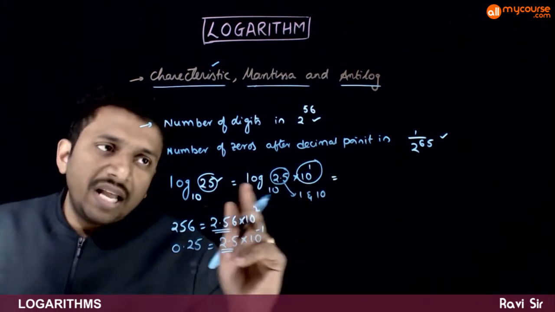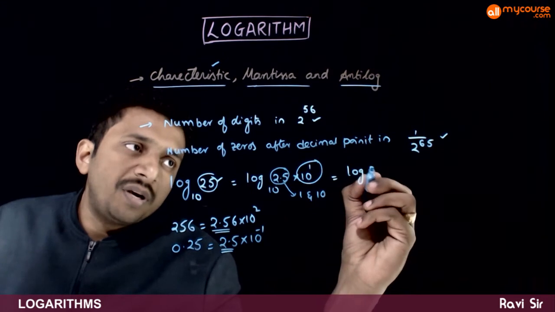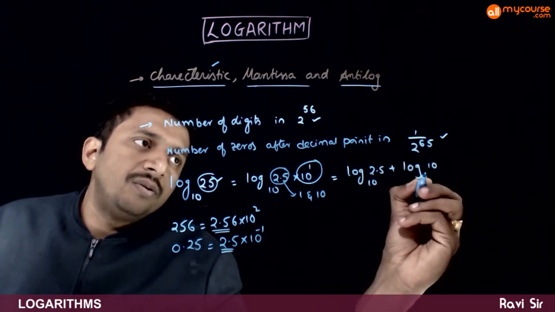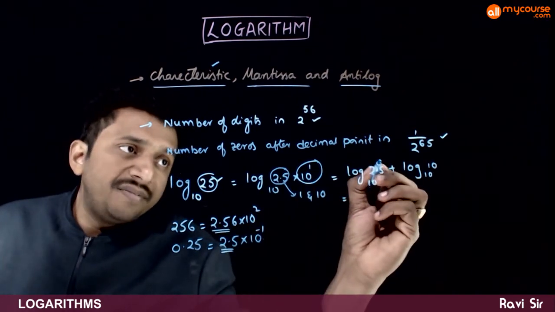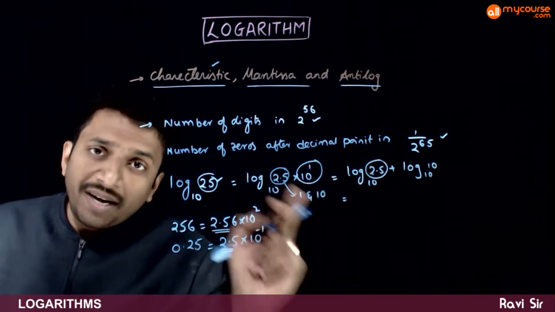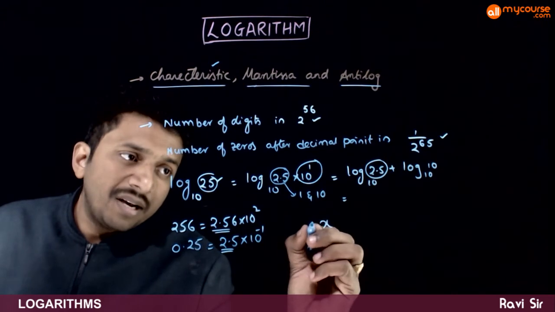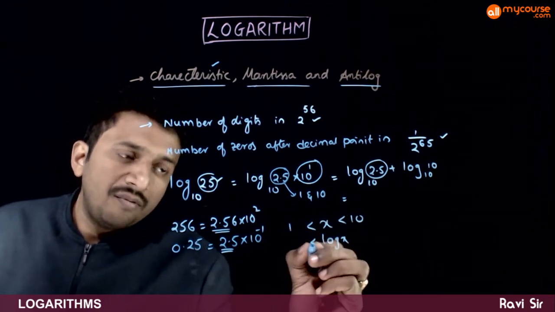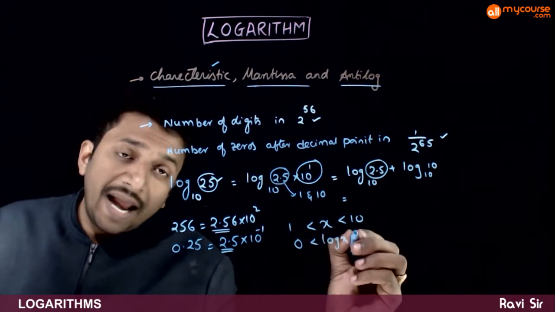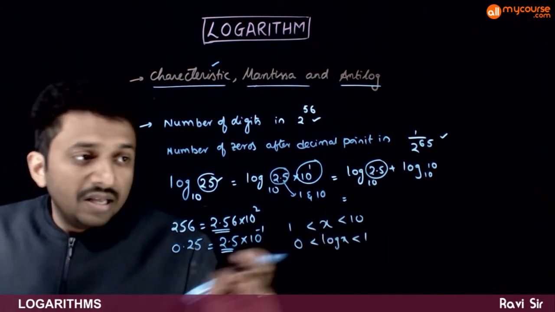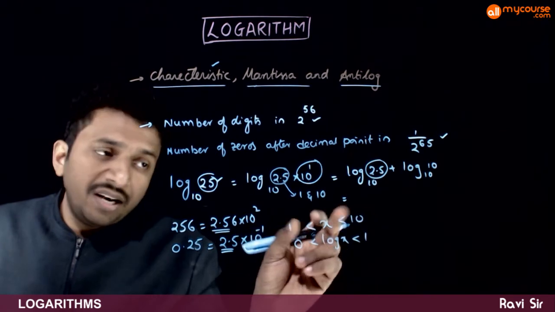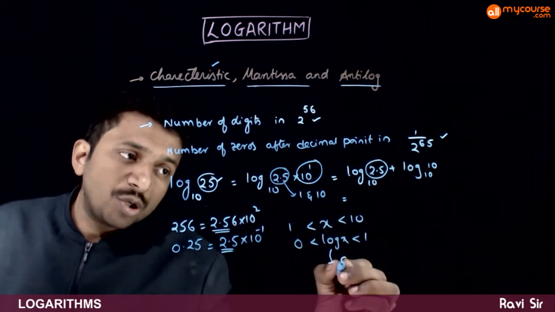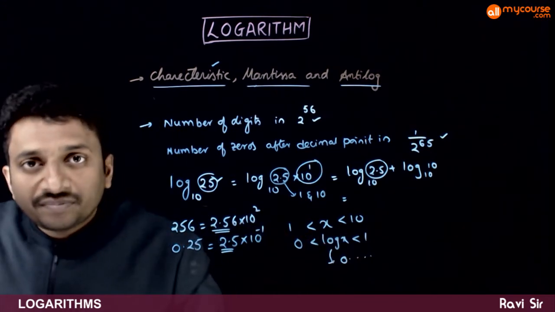And now I'll separate it using the properties of logarithms: log 2.5 to the base 10 plus log 10 to the base 10. And if some number is between 1 and 10, log of that number will be between log 1, which is 0, and log 10, which is 1. That means if x is between 1 and 10, log x is between 0 and 1. That is, this has to be of the form 0 point something.